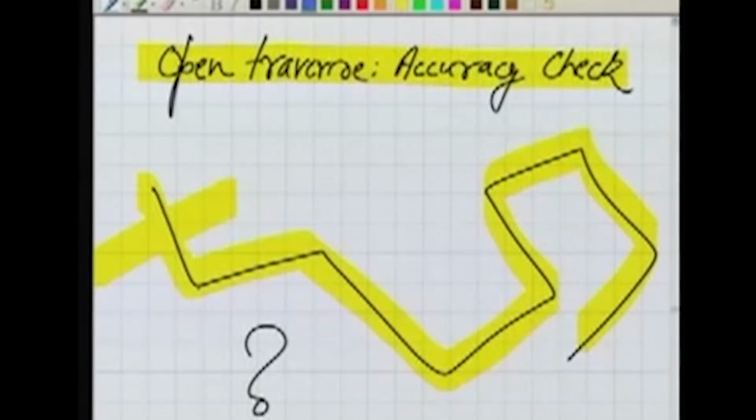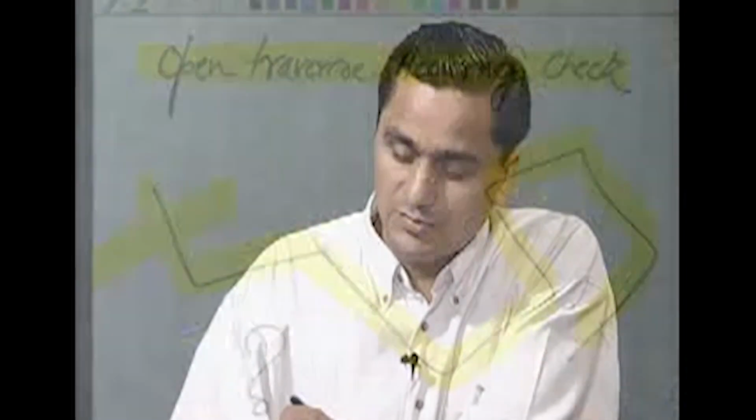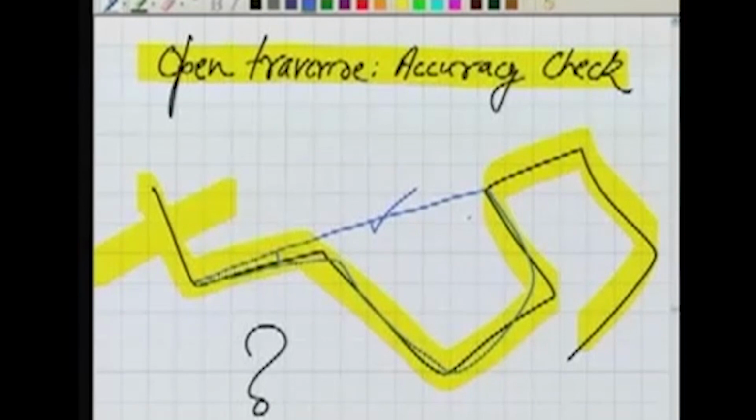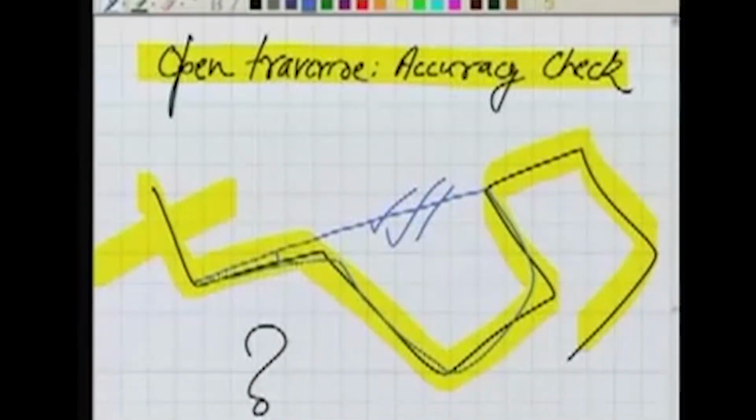For example, I am observing this open traverse, but I also take this measurement and some other measurement. So I measure this length, and I can make use of this length in order to apply checks in this part of the traverse. So generally in the open traverse, there is no method to apply the checks unless we go for check lines like this, some extra measurements.